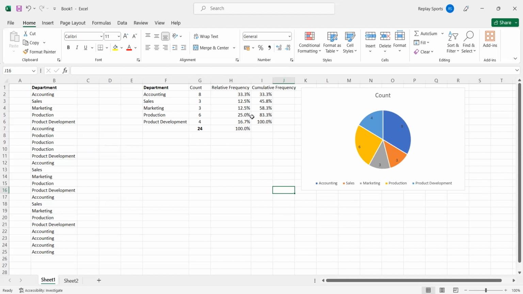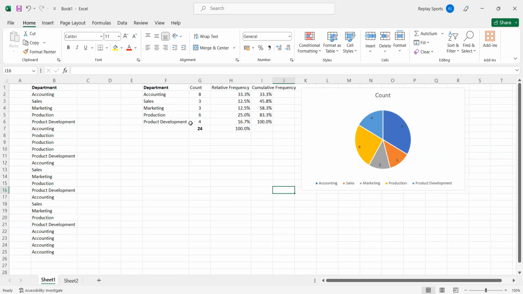So accounting is the mode. The maximum occurring value is accounting. Now, what do you think would be the median of this? For product development.